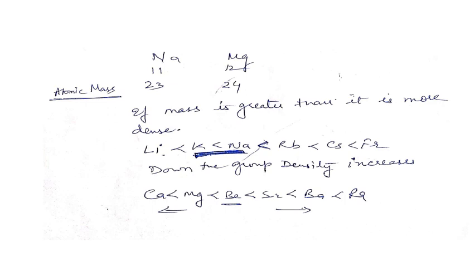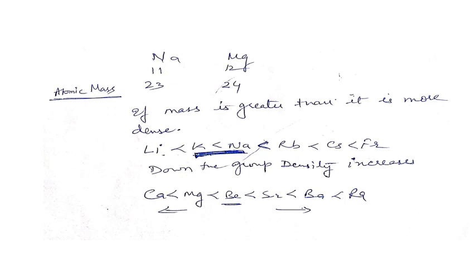Down the group we have more mass. So lithium, then potassium, then sodium, rubidium, cesium and francium. Francium is the densest of the alkali metals. Here you can see the interchanged elements potassium and sodium, because sodium should come first and potassium after sodium according to the order of the alkali metals.